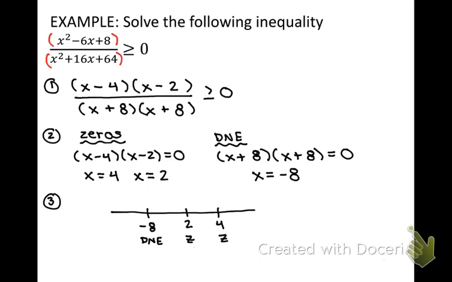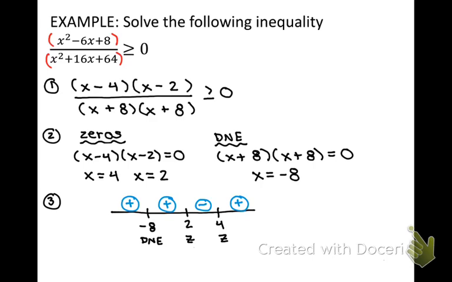All right, now either using the image on your graphing calculator that you've come up with, or plugging values into each interval, we should be able to come up with a sign chart that is positive, positive, negative, positive.